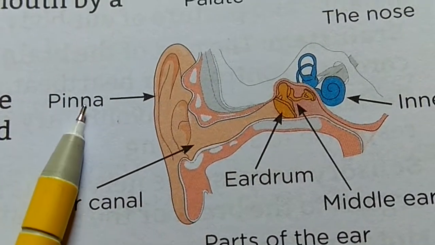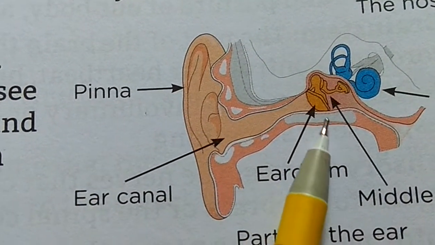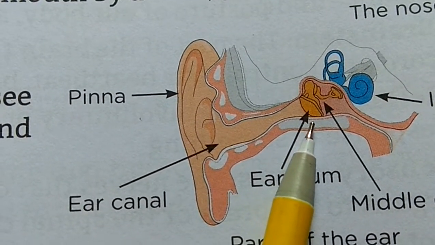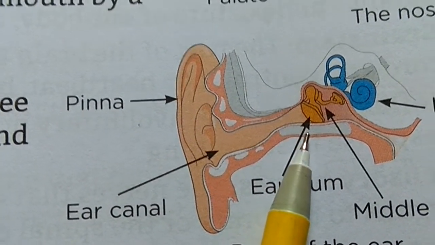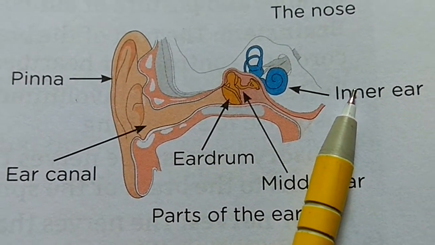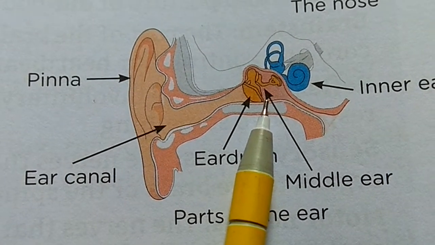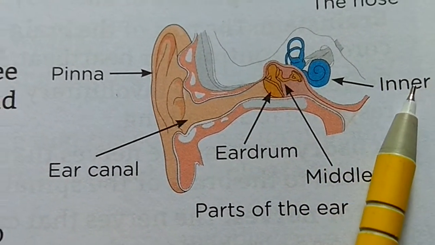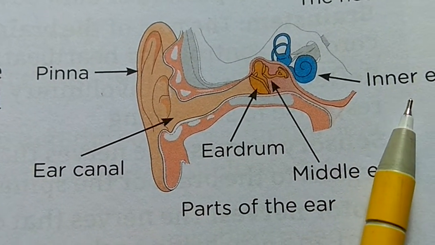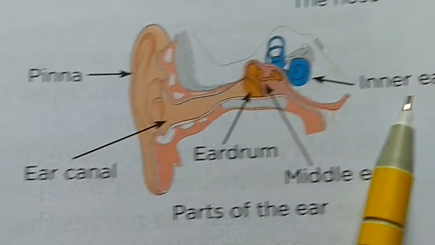So this pinna collects sounds and sends them to the ear drum. The ear drum sends vibrations to the inner ear through the middle ear. This is the middle ear.